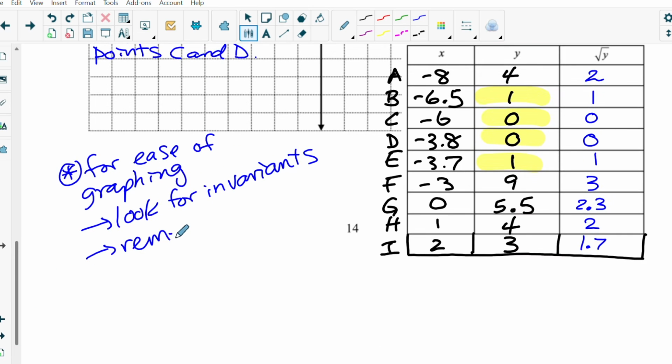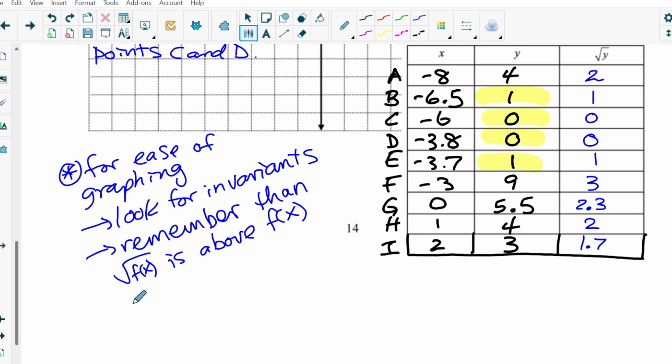And then remember that the graph of square root of f of x is above f of x between the invariant points. Okay, remember that. That will also help you.